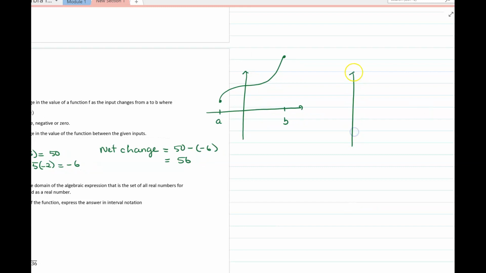You can also have the function look like this. The change in the direction from A to B, well, you start at one spot and end up at the same spot. So the net change here in this case is really just 0, right? The net change again is just talking about how much change there is in the y direction.